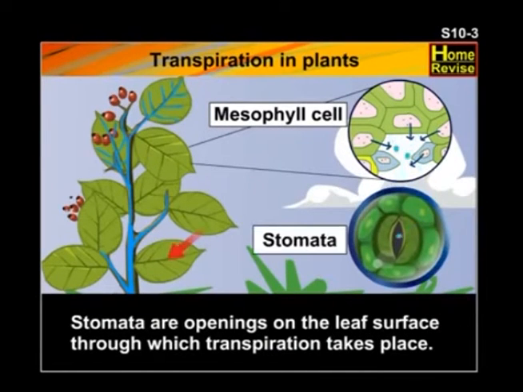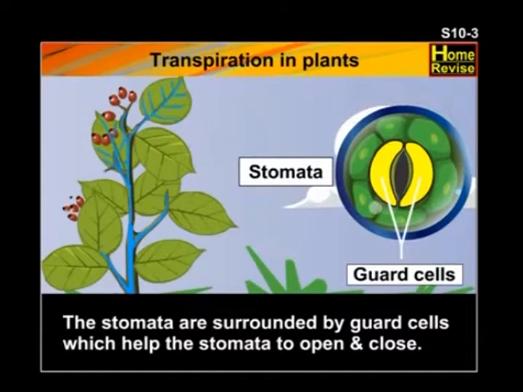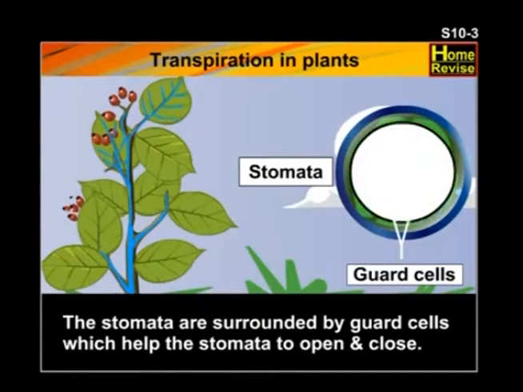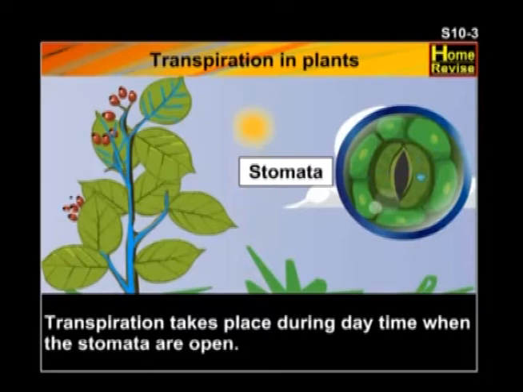Stomata are openings on the leaf surface through which transpiration takes place. The stomata are surrounded by guard cells which help the stomata to open and close. Transpiration takes place during daytime when the stomata are open.